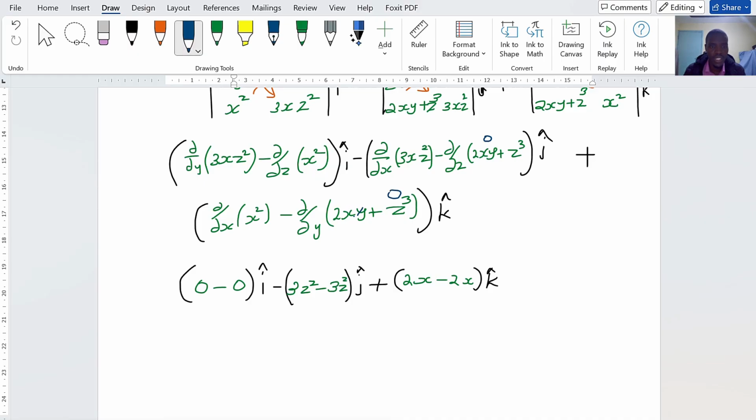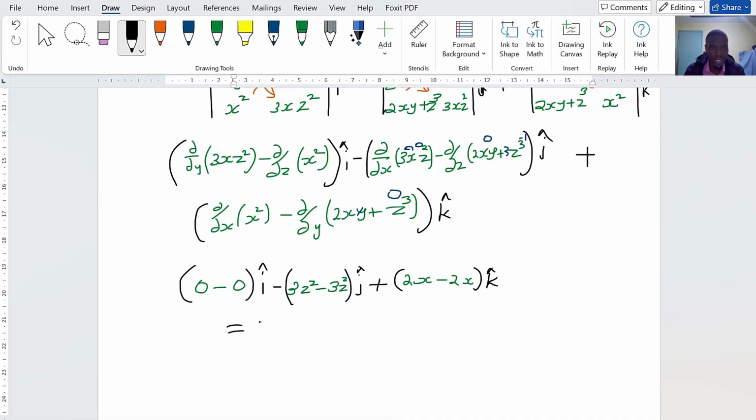Here, 3 comes here, you reduce the power by 1, and here 0 because there is no z. Here, you are looking for 1 on x, so x becomes power 0, it disappears, so 3 times z.